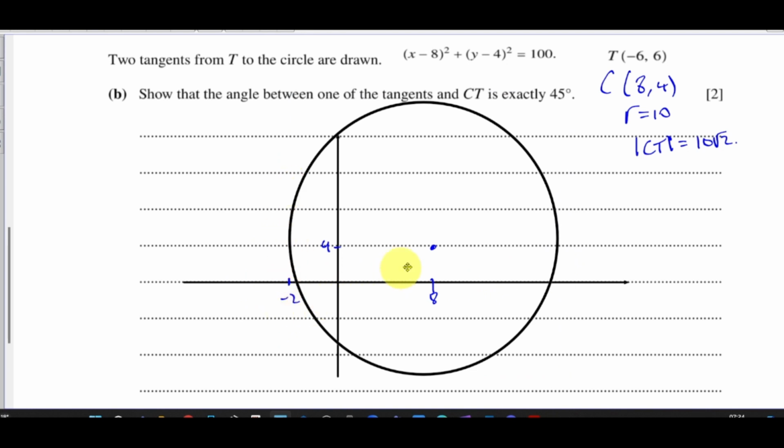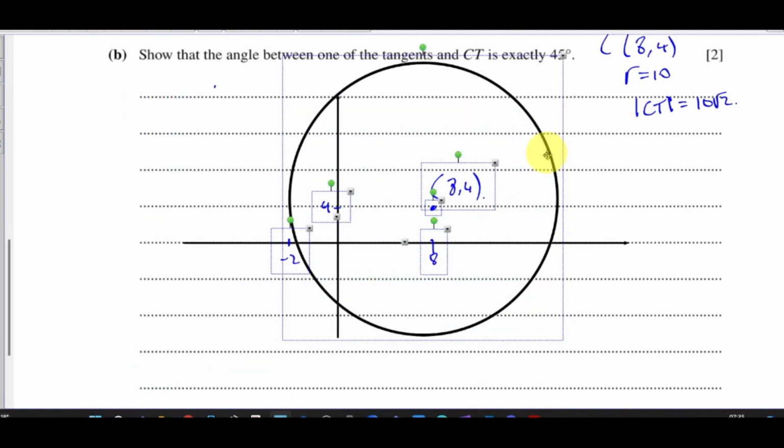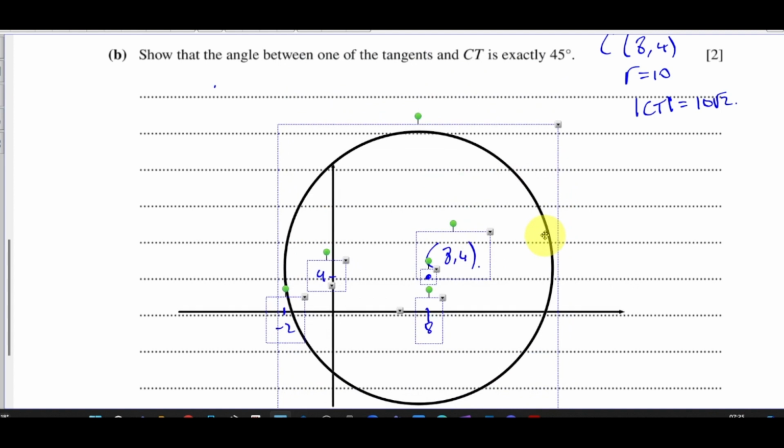Okay. So this is the center of the circle, which is 8, 4. Now, the coordinates of t is -6, 6. So it's somewhere up here. Okay, so what I'll do is I'll lower this down slightly so that it's down a bit.